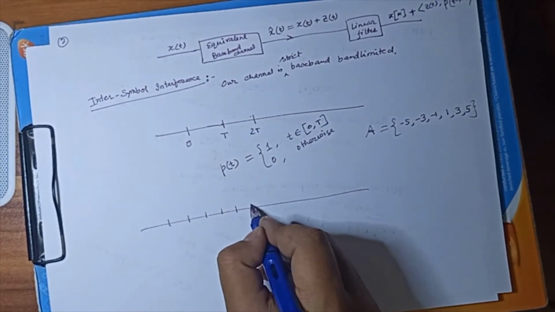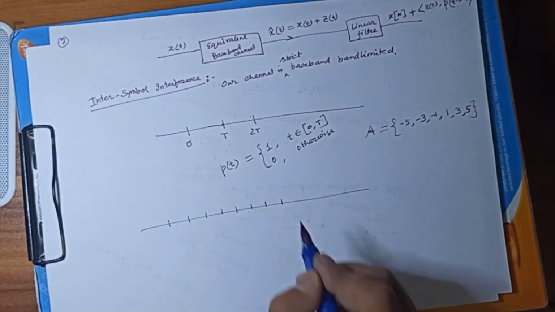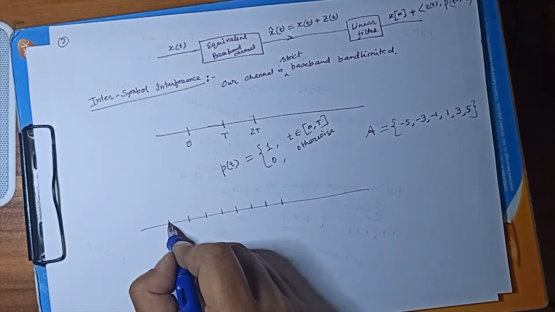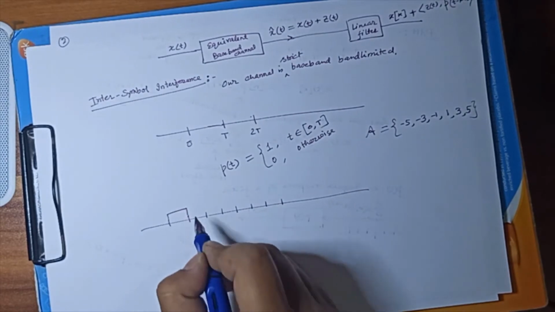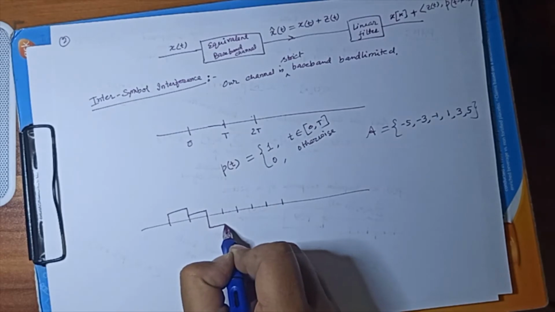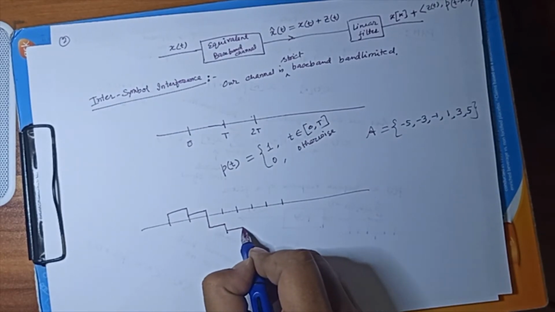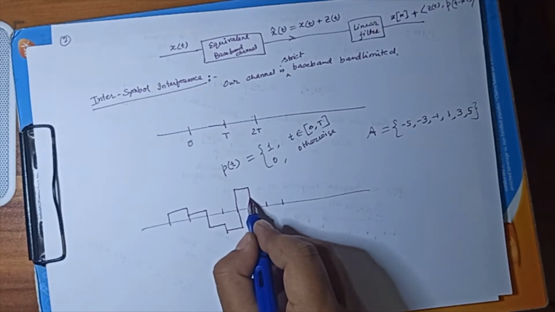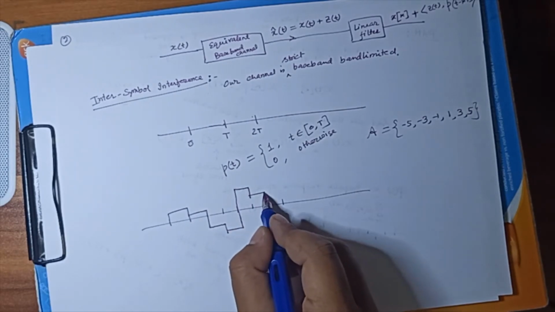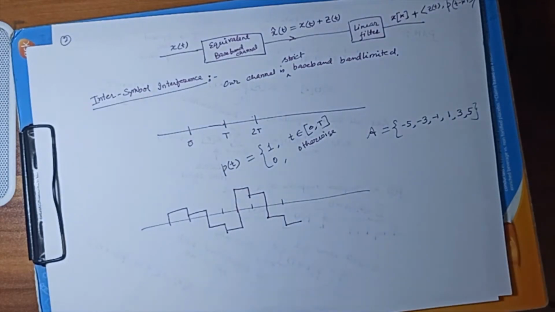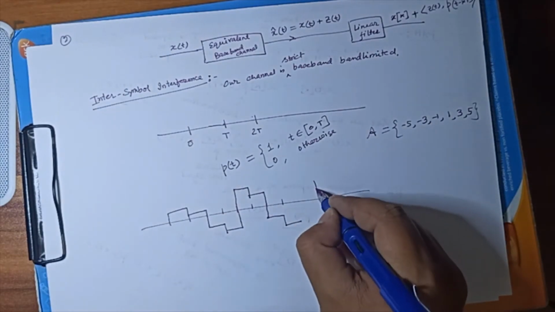So this is your p(t), and the signaling will be like this. Suppose this is 3, this is 1, this is -3, this is -5, this is +5, this is +3, this is -3, -5, and so on. So this is a kind of staircase signaling, and this is a time domain signal.